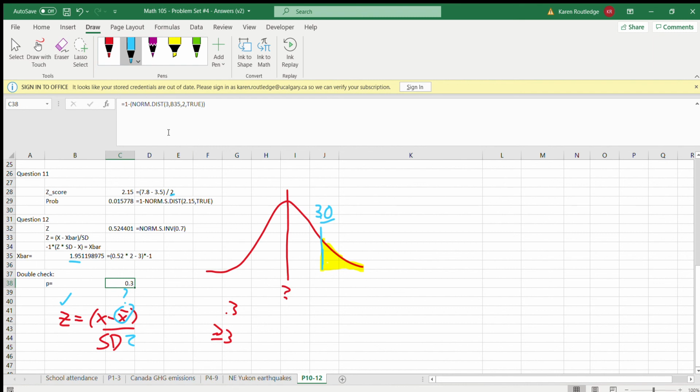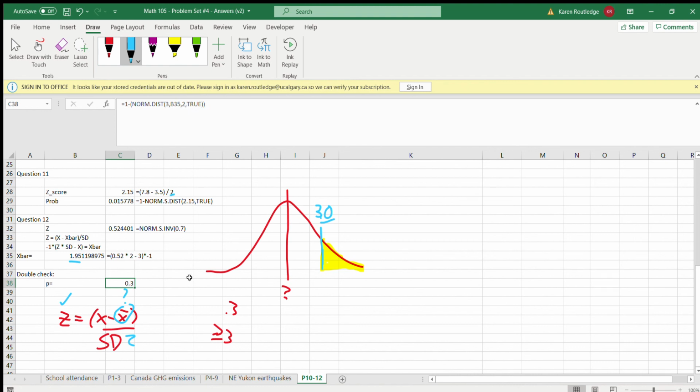So we should be able to just calculate the probability of this area under the curve. So we plug that into the norm.dist function. There's our observation. That B35 is the long-term mean, the x bar that we calculated previously, and a standard deviation of 2.